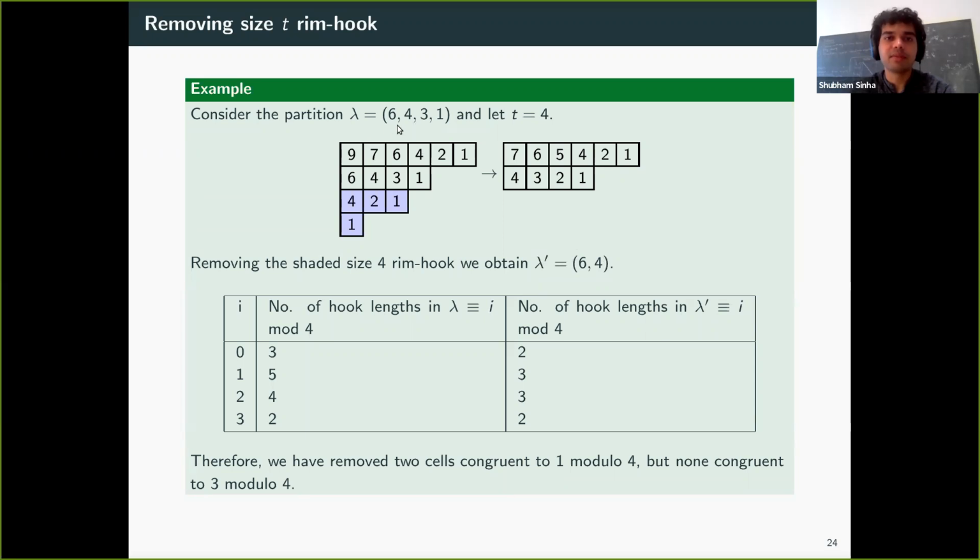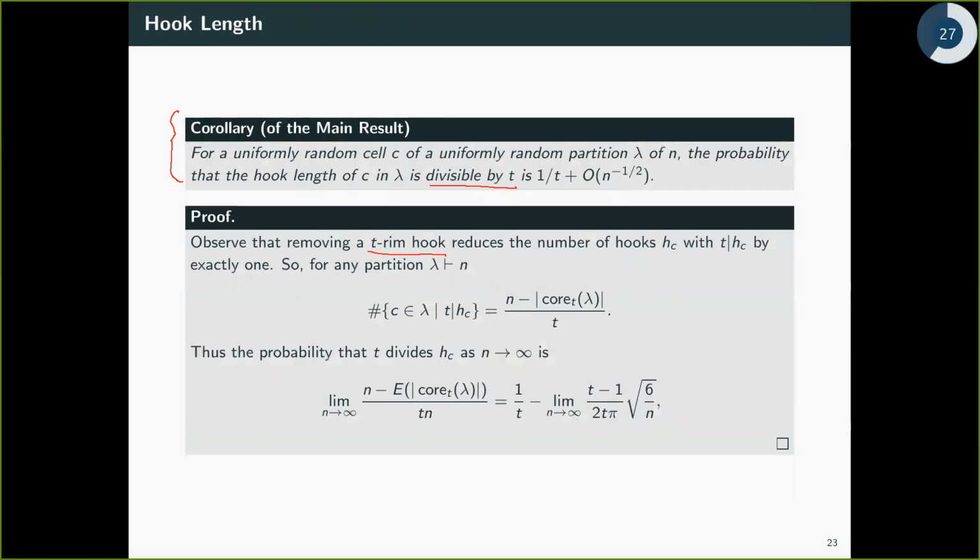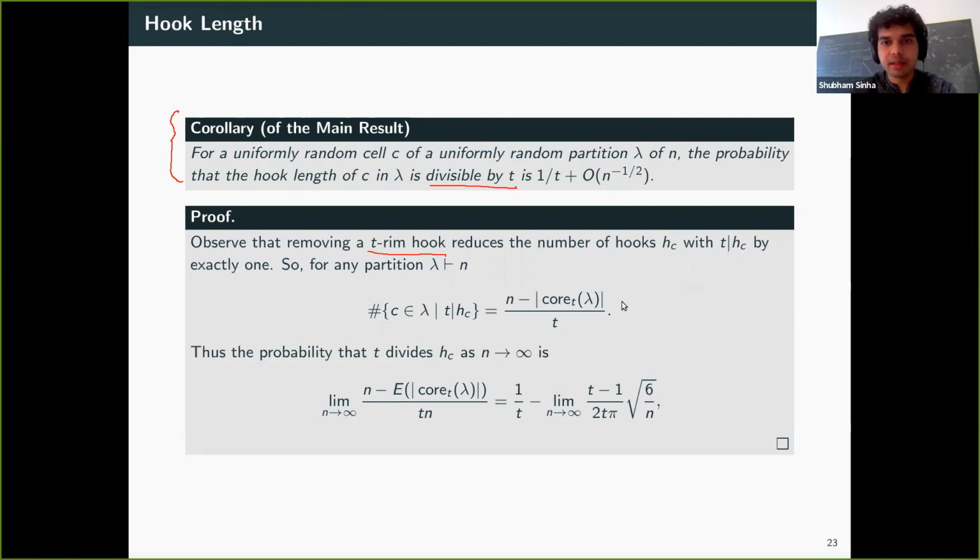When you take lambda to be 6, 4, 3, 1. Sorry, does anyone have a question? Yeah, can we go back one slide, please? I'm a little confused because when t is larger than n, this is not possible, right? When t is larger than n, then the t core would simply be the partition itself, so this will be 0.